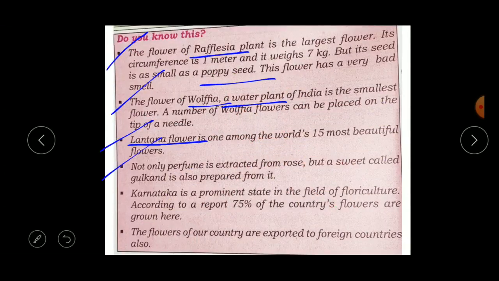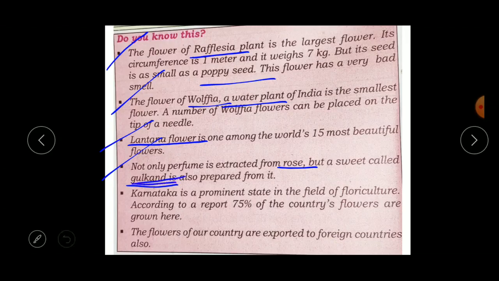So the next point is not only is perfume extracted from rose, but a sweet called gulkan is also prepared from it. Just now I told you in the uses of flowers, right? There are many perfumes which are prepared from the rose. But not only perfumes, also the sweet called gulkan.